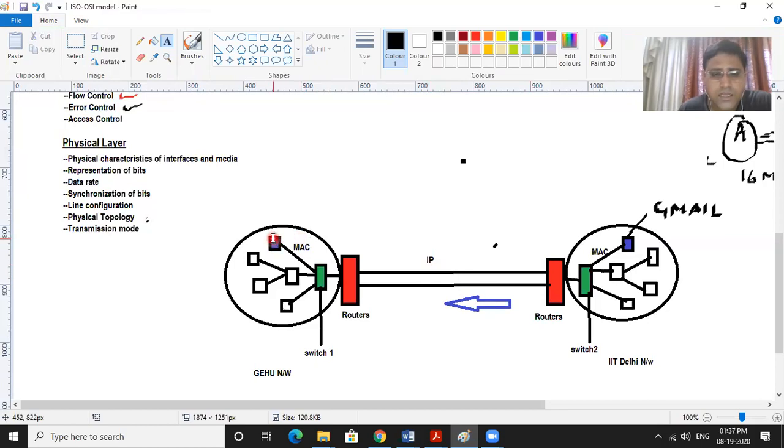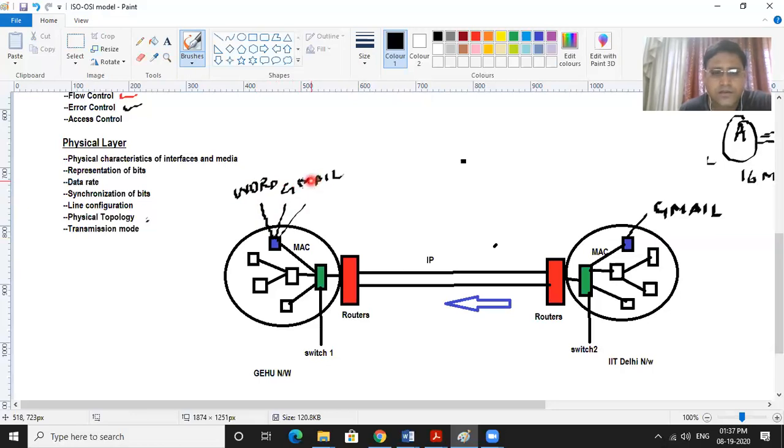Now at this final system, there can be multiple programs open. Let us suppose the person is working on MS Word as well. They have Gmail open as well.